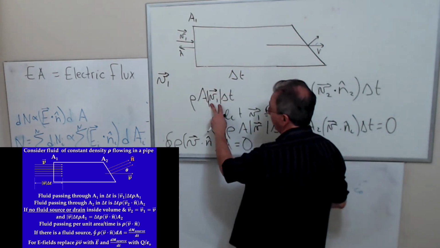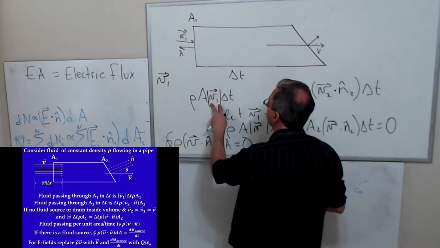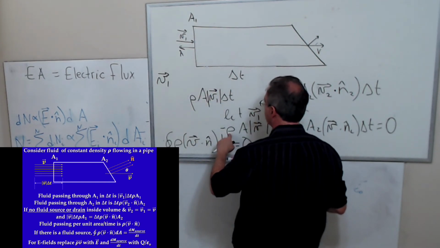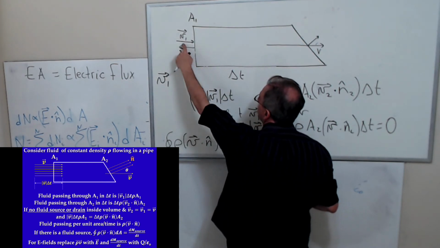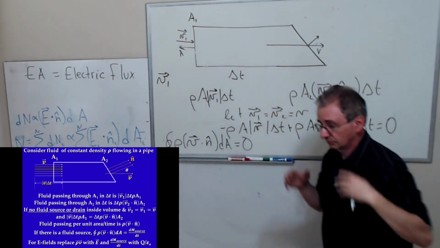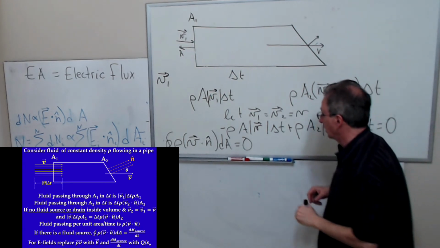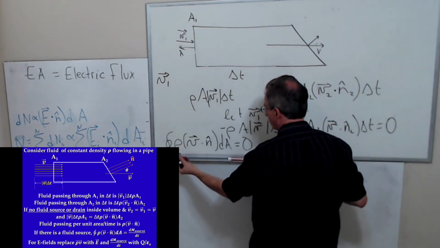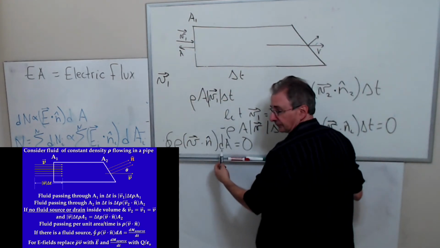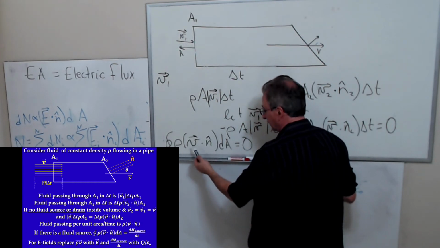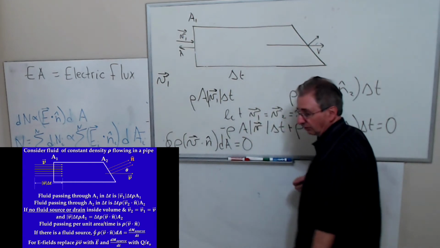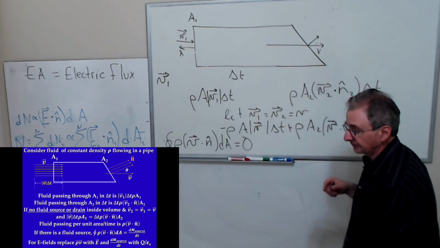And I neglected to put the dot product here, but this has to be negative. I have to treat it as negative because the dot product between the normal to this surface and v is -1. And so what I've actually calculated is the net flux, the mass flux you can think of, and I get 0.